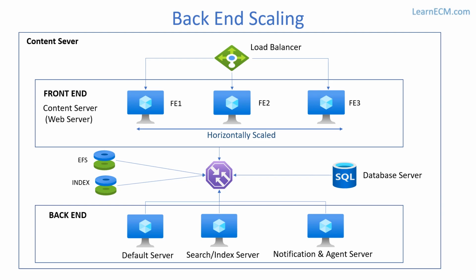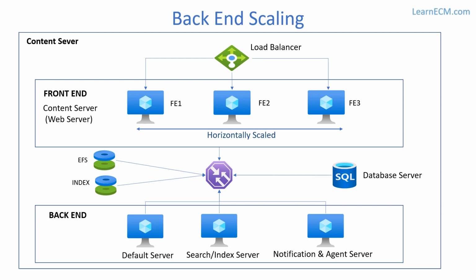This way we can distribute the load among different virtual machines, and all of them will be connected to a single database. Then we will have EFS and indexes, and different front-end servers which are all connected to a load balancer. This is the architecture that we normally use for different enterprises, and it provides high load capacity.